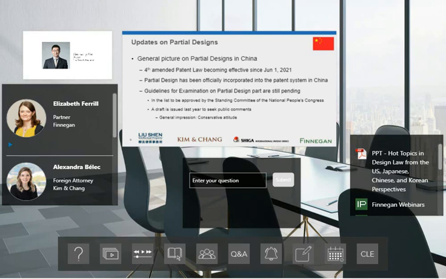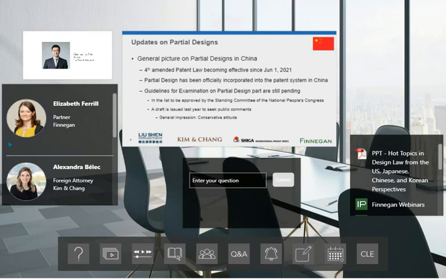But another thing is that there is a guideline for the examination. There has been long discussion on such a guideline for the examination of partial design, and it is still pending. It has been 2 years after the incorporation of partial design, but the guideline for the examination is still pending.